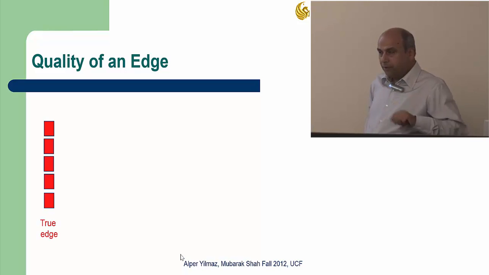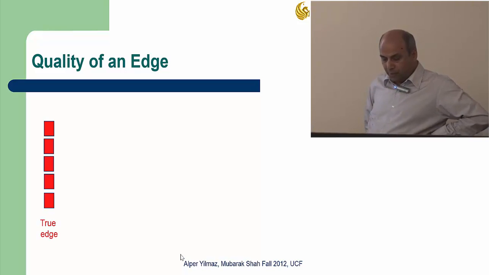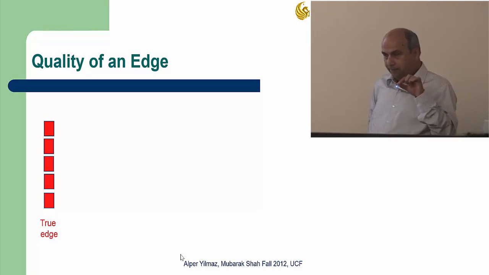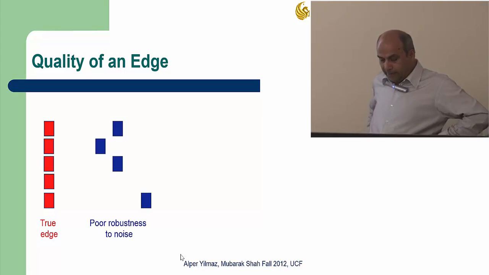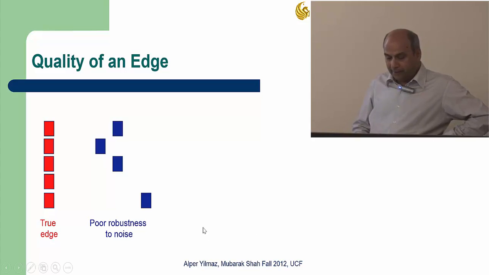So let's say we have an edge. This is a true edge. These are the pixels, the red pixels, which are identified. If the edge detector is not robust to noise, then you may get an edge response like that. Some of these are correct, but you get a wrong edge delocalized here.